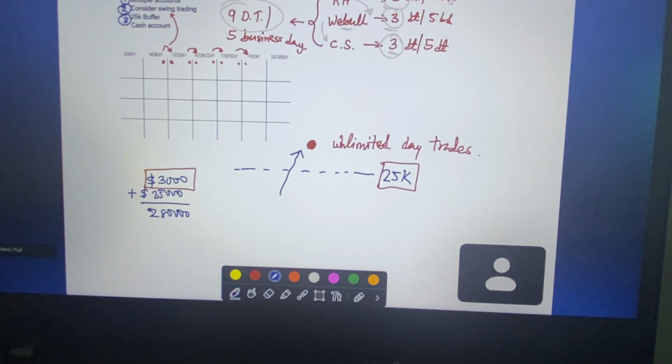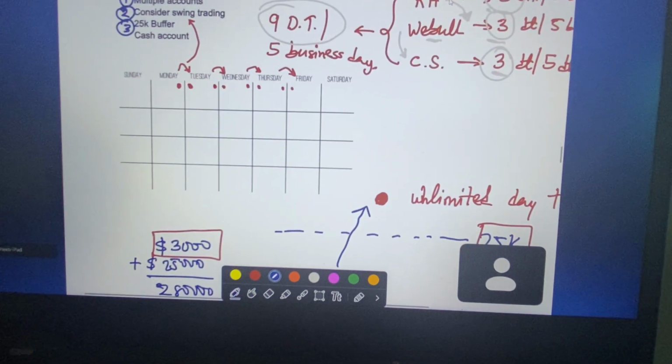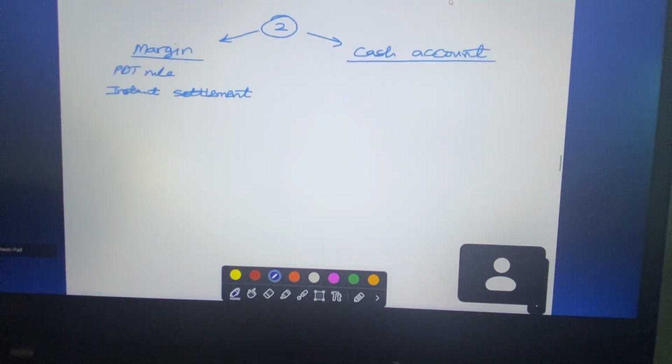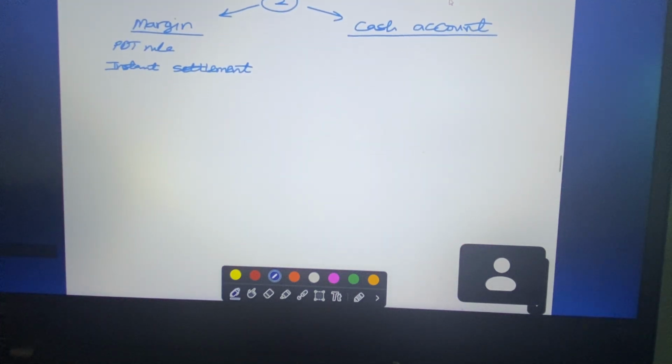And the fourth option is using a cash account. What is a cash account? You have 2 types of account when you open your brokerage account. You can opt to go margin or opt to go cash. With margin, this is where the PDT rule actually exists.